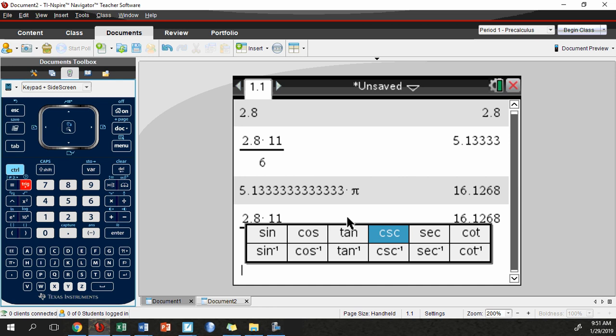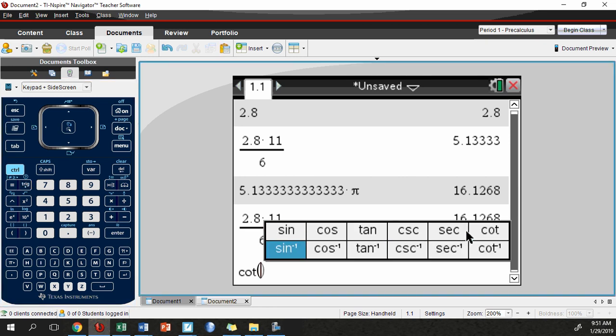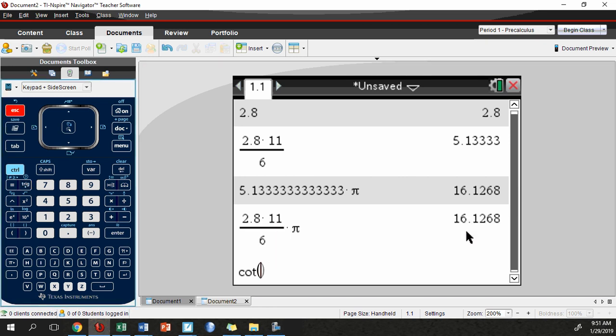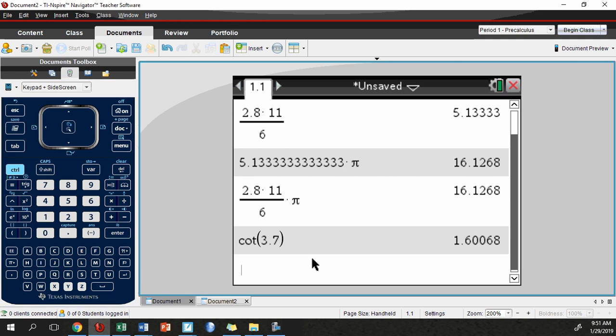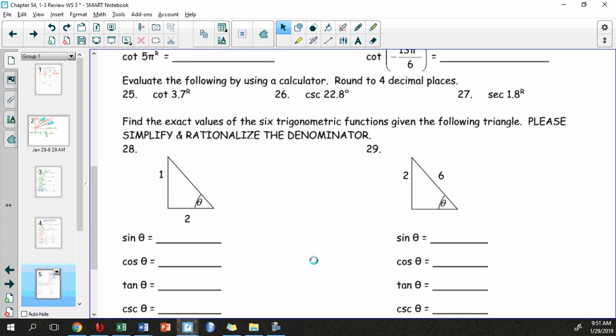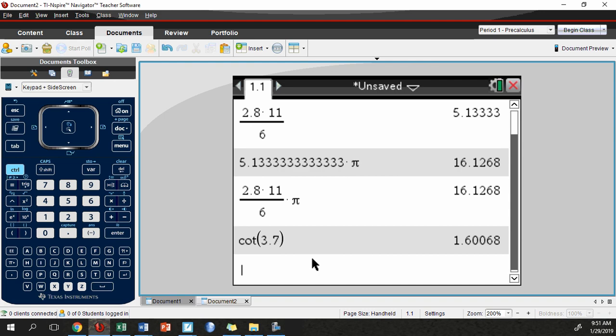So trig. And I want the cotangent of 3.7. I'm already in radians, so just write it down. And that has to go to 4 decimal places, 1.6007. It's very simple. How many of you did not make sure you were in the correct mode? If I said to do degrees, if I'm in radian mode, it's okay.